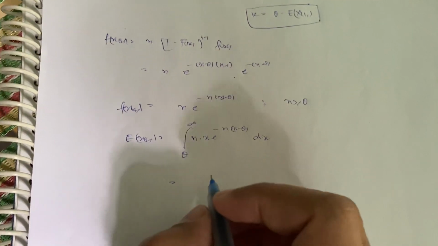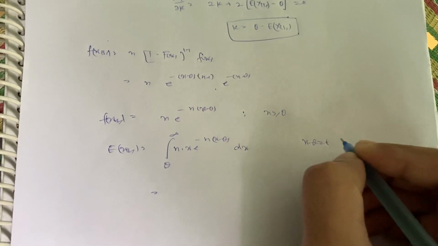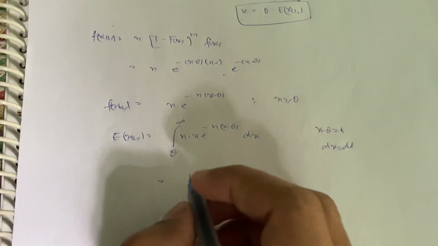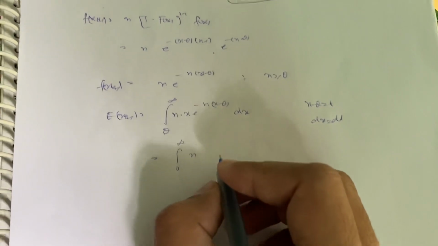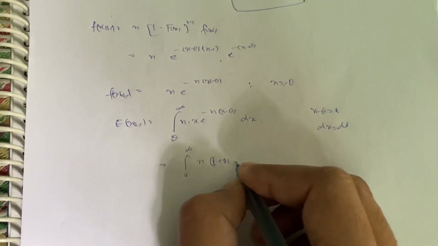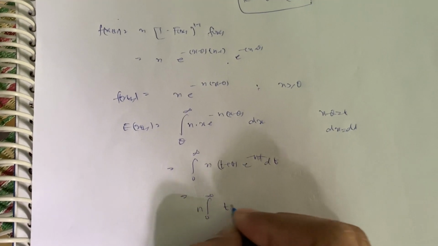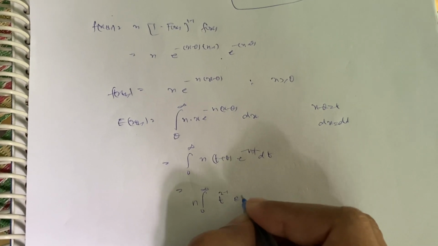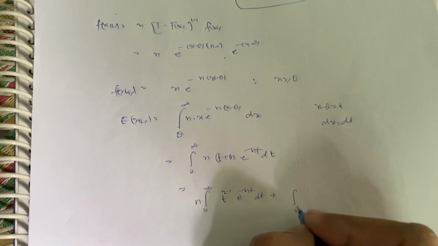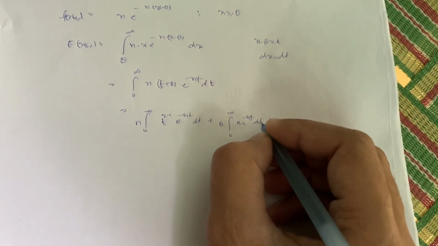There is theta here, so let's assume x minus theta equals t, and dx will be dt. The limit will be 0 to infinity, and n x will be n(t plus theta), times e to the power minus nt dt. Let's open it: the integral from 0 to infinity of n t to the power 2 minus 1 e to the power minus nt dt, plus the integral from 0 to infinity of theta n e to the power minus nt dt.